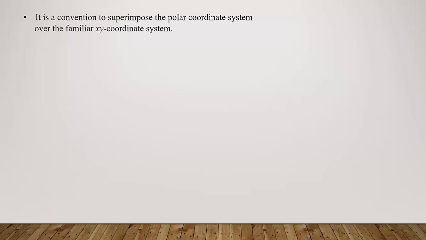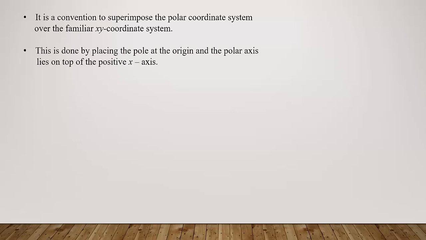But in any event, we're going to superimpose the polar coordinate system over top of the Cartesian coordinate system. This is done by placing the pole at the origin, and the polar axis would then start off lying on top of the positive x-axis. So it looks something like this.